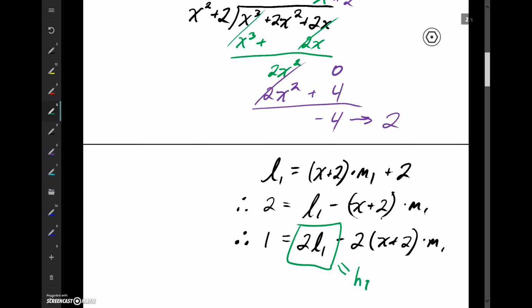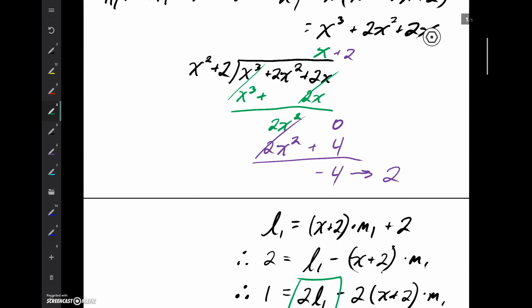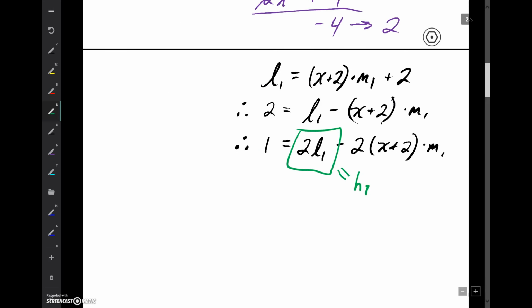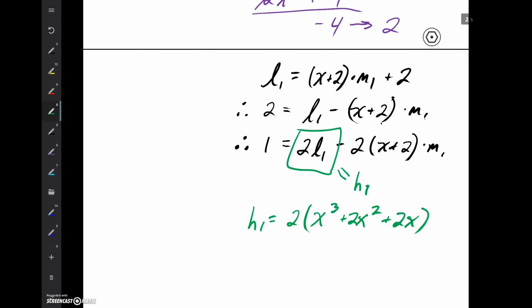So our H1 is 2 times L1. If you remember from the beginning, L1 was x cubed plus 2x squared plus 2x, which means H1 is just 2 times all that. Now when we distribute, we have to remember we're in mod 3, so anything greater than 2 we have to change to whatever the remainder would be.